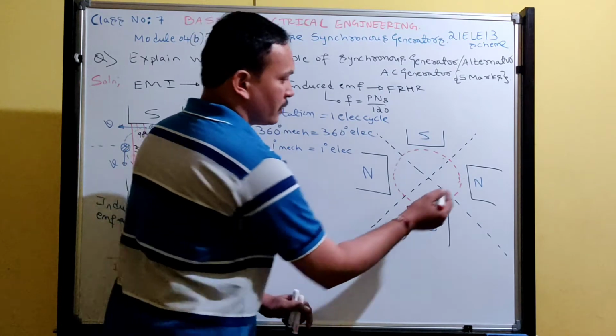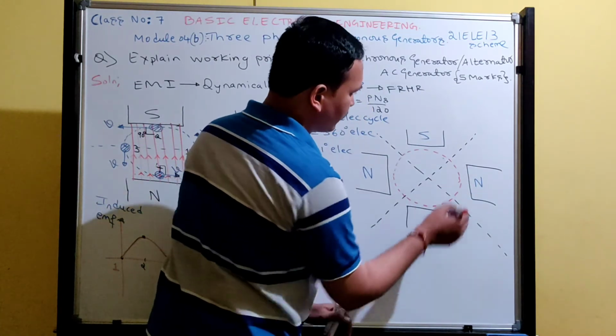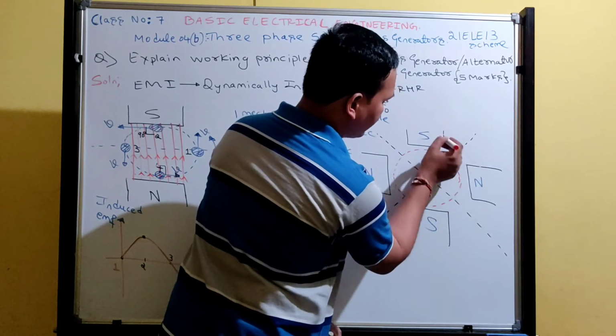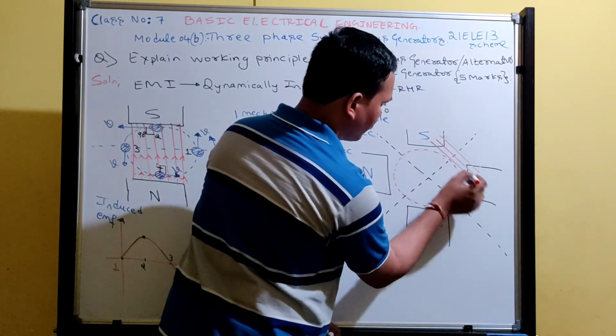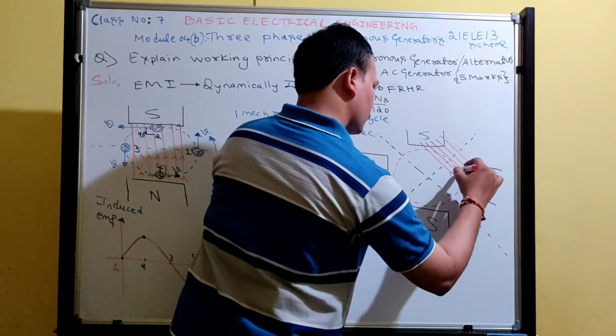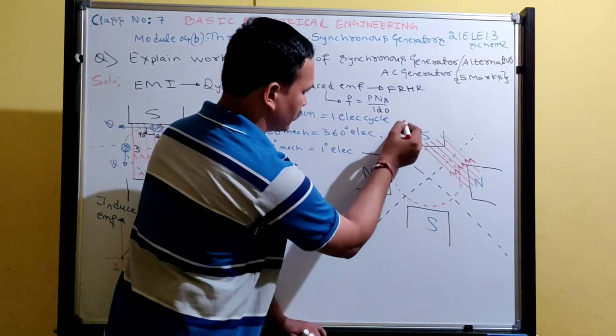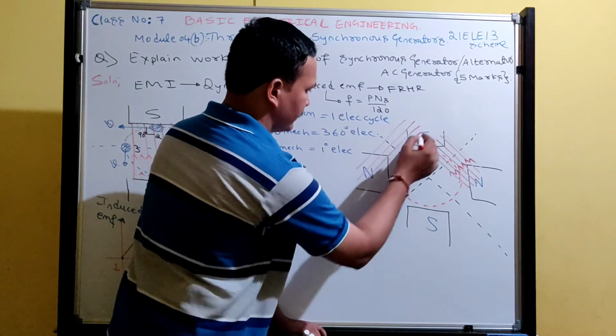Now, between north and south poles, we can write there will be lines of flux between the north and south pole. Similarly here, between north and south pole, there will be lines of flux.